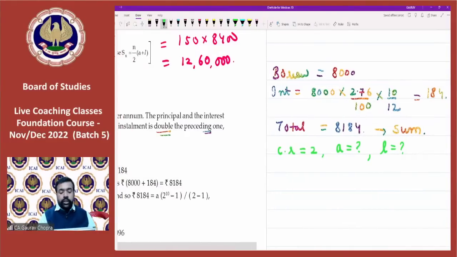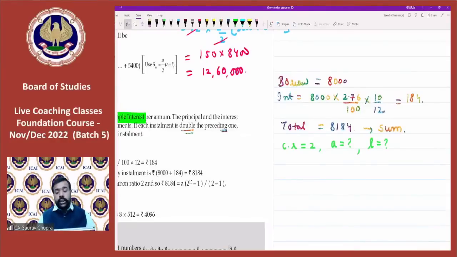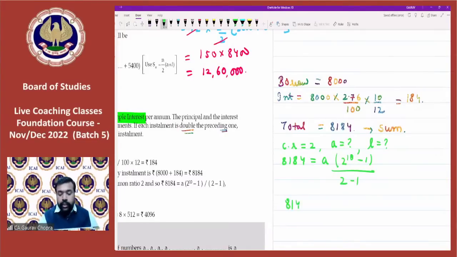Since the common ratio is 2, which is more than 1, apply the formula for the sum. 8184 is equal to a, then r to the power of n, that is 10, minus 1, upon 2 minus 1. So 8184 is equal to a times (1024 minus 1).